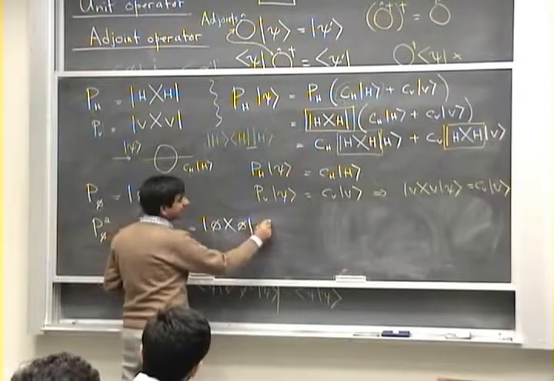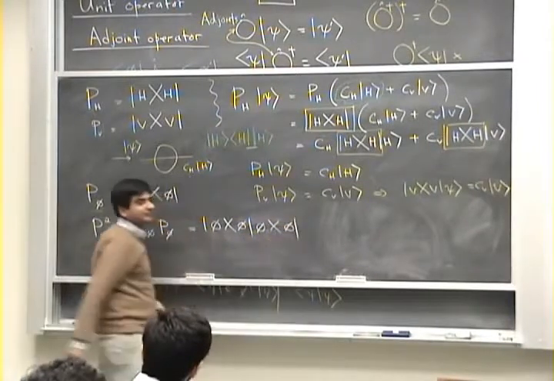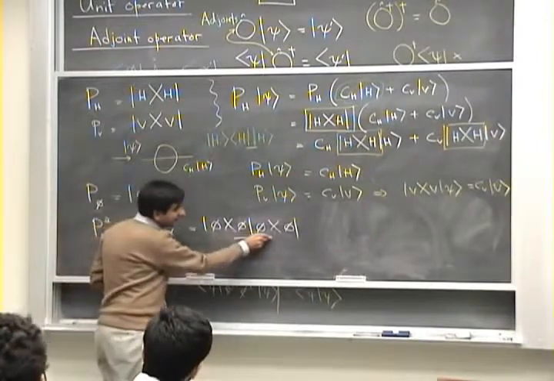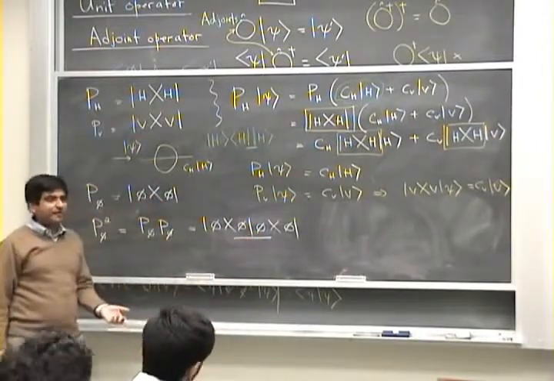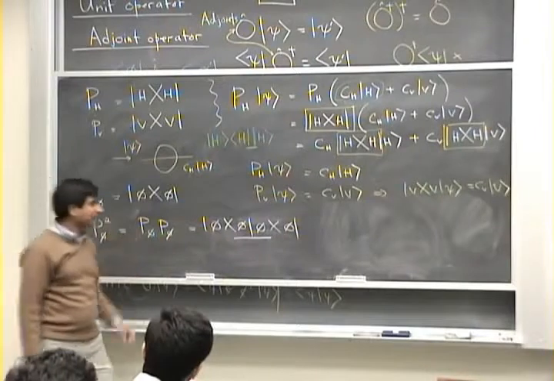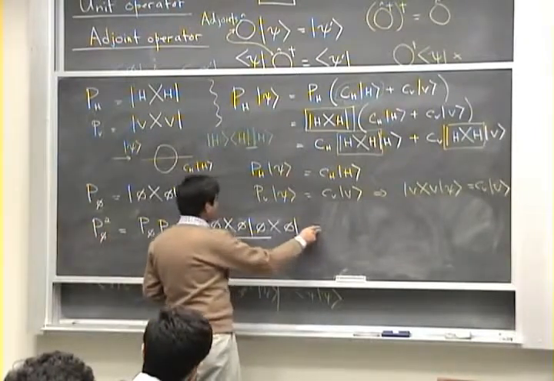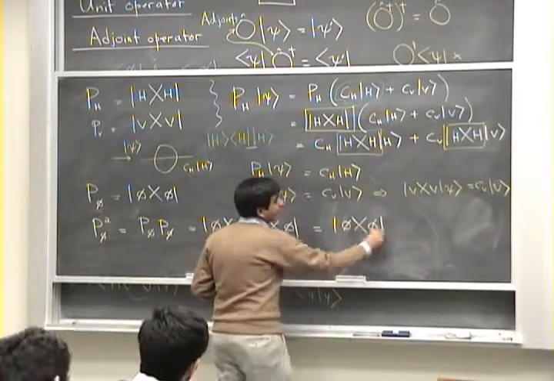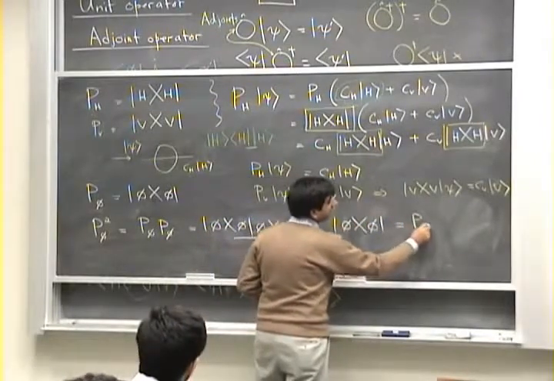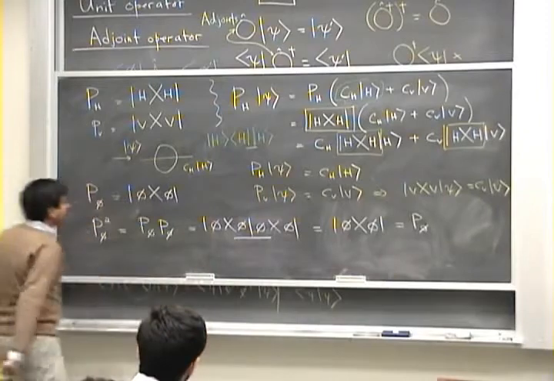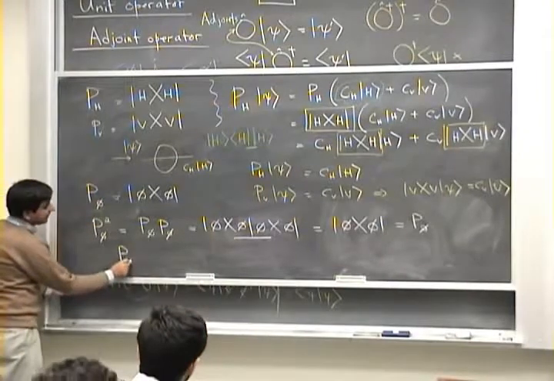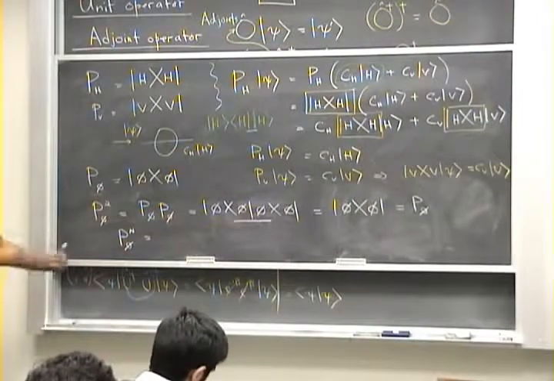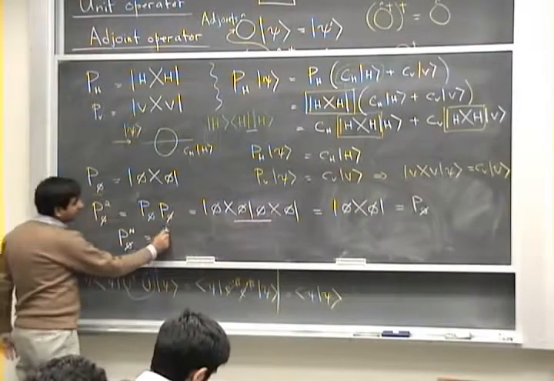So I put another ket and another bra. Now what is this object? 1, if the state is normalized, if this phi is normalized. So this just becomes ket phi, bra phi. This becomes P phi. In general, for a projection operator, P phi raised to the power n, that is P phi acting n times, gives me back P phi.